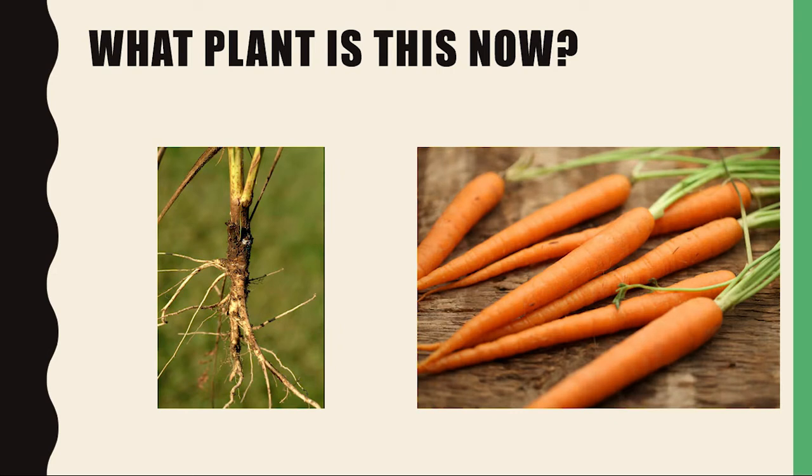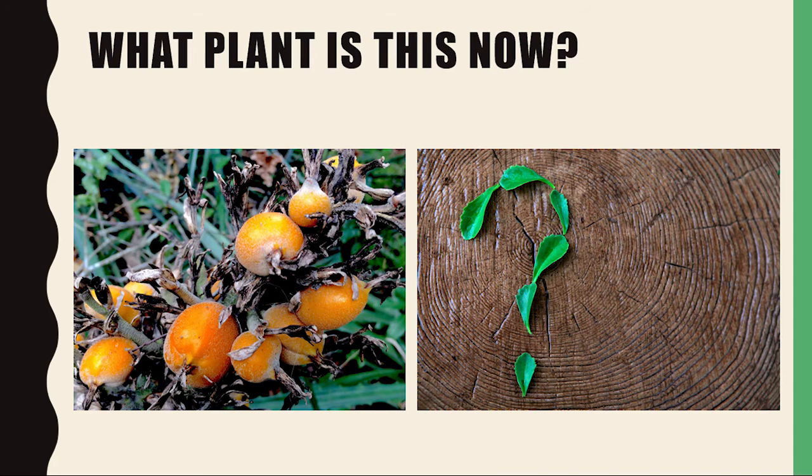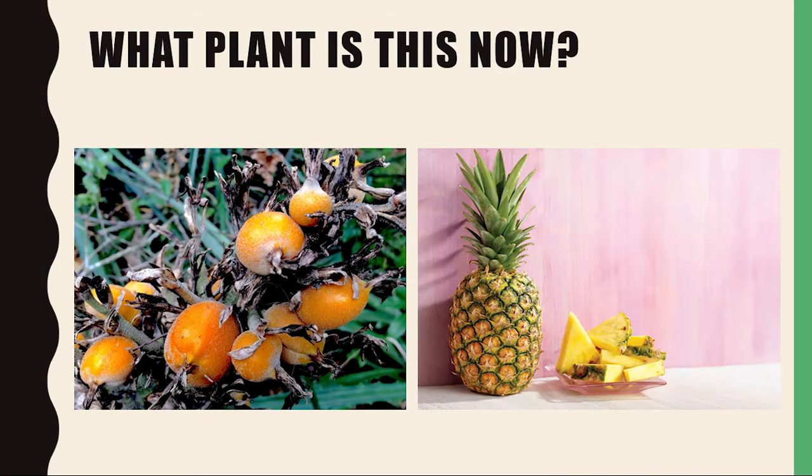It's a carrot. Hard to tell without the orange for sure. For our final plant, take a crack at guessing this one. Surprised? No, they are not oranges or peaches, they are actually pineapples. Quite the change there.